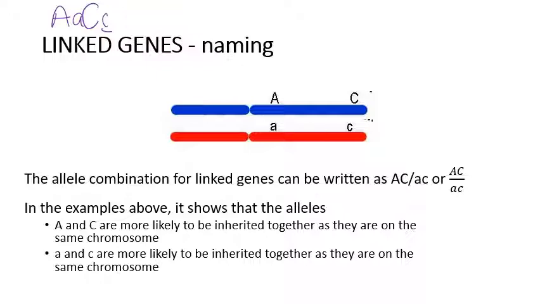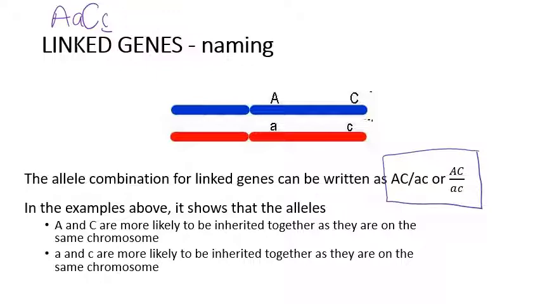So when we see genotypes like that, we assume that they are unlinked or assorted independently, not on the same chromosome. When we're looking at linked genes, we tend to write them using a fraction format. That fraction format, you can see some examples of it here on the right of the screen, helps us identify what allele combination is appearing on each of the 2 chromosomes that this individual has.